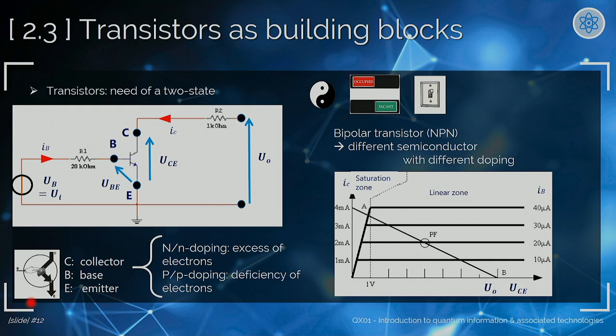The idea, in the representation here, is that through the base you have a switch button with which you can decide for the current to go from the collector to the emitter, controlled by this base button.